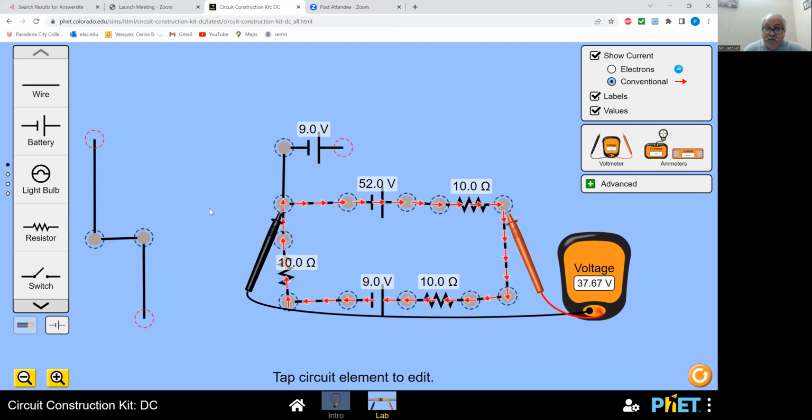Okay, now let's represent the battery in this section, in this part. How? Well, look, the lower potential is connected to the negative part of the battery. Okay, and let's do that in this sketch, in this figure. How can we do that?